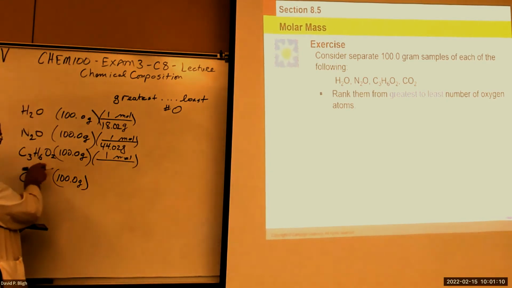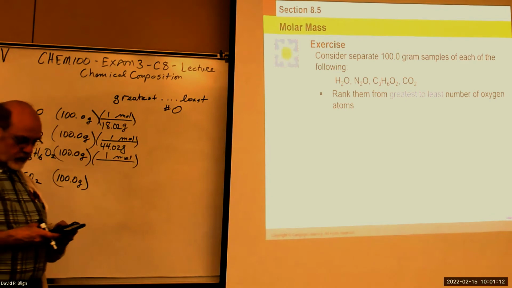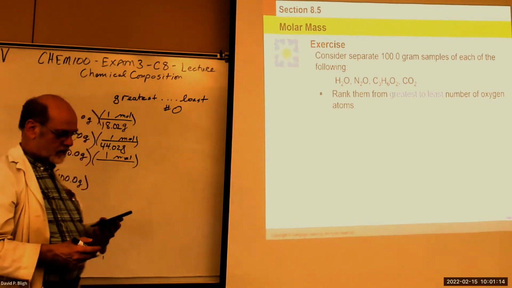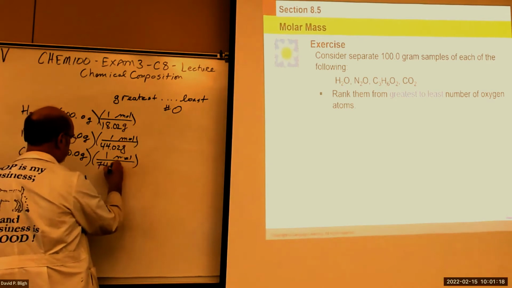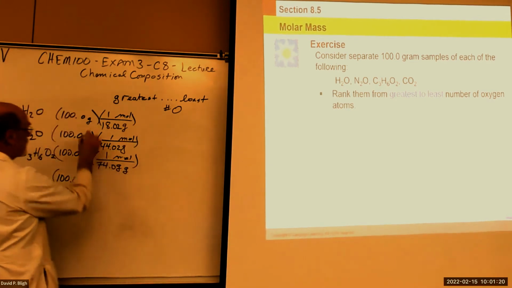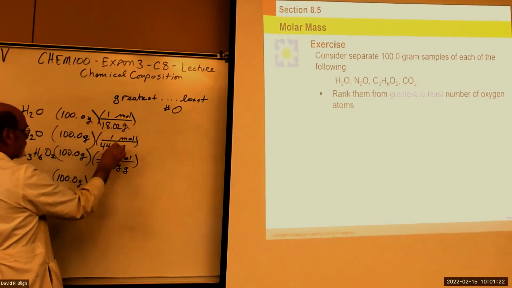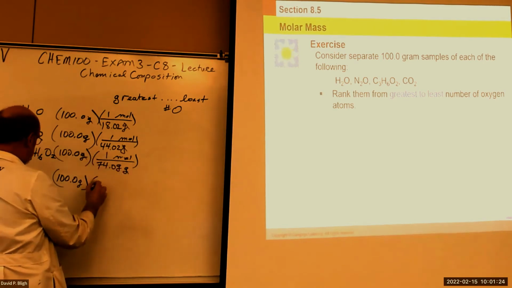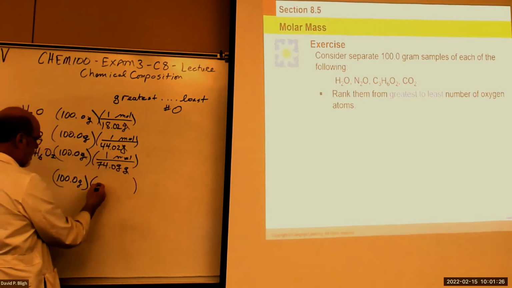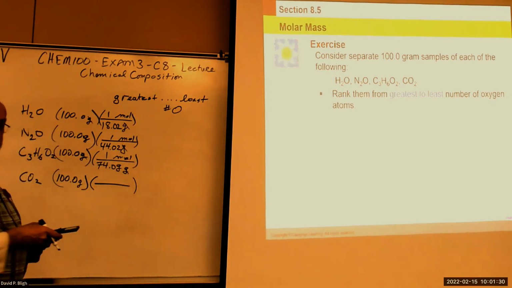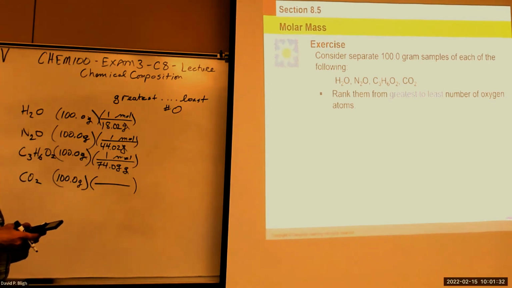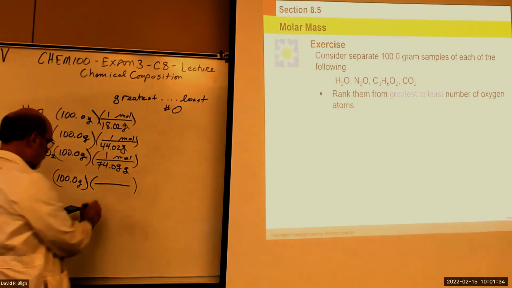Okay, add those together. And then 2 times 16 is 32. So I get 74.09. Right. Grams cancel, leaving with moles. And then the last one is carbon dioxide. So carbon is 12.01. And then 2 oxygens is 32. 44.01.